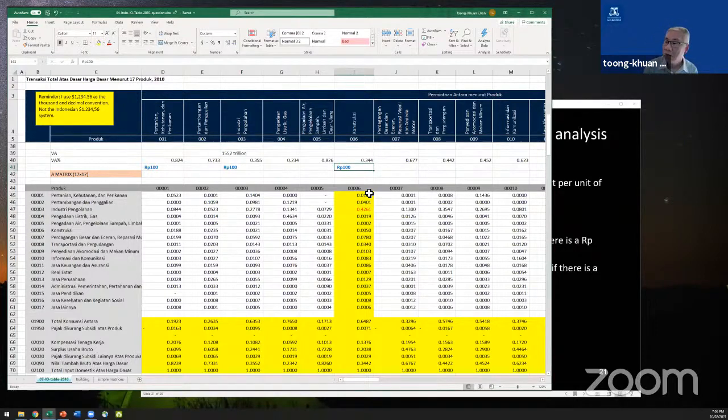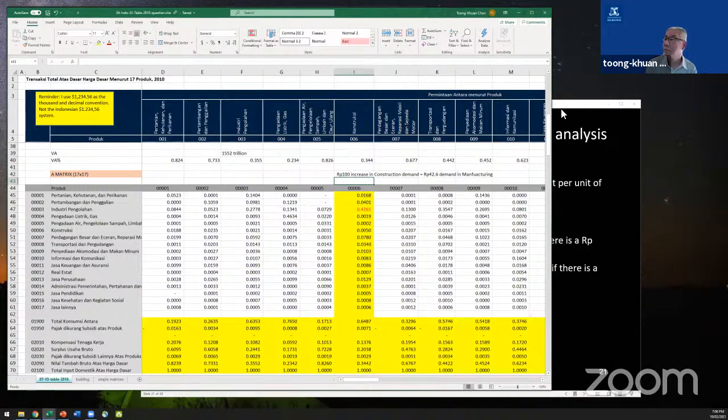So what I'm trying to say is this: rupiah 100 increase in construction demand will lead to rupiah 42.6 demand in manufacturing.